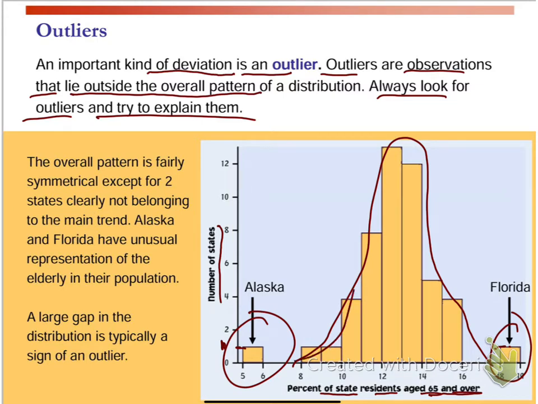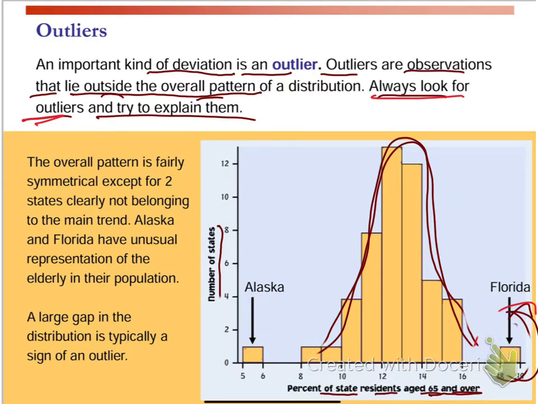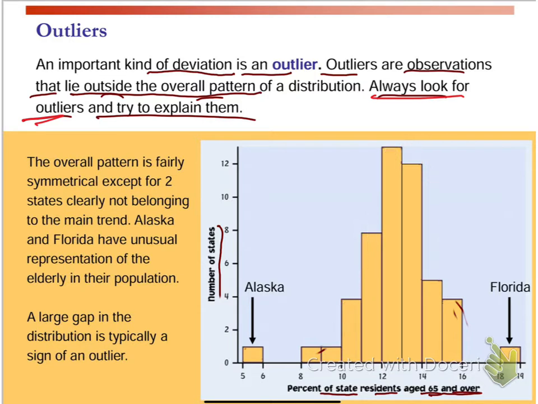This is the main pattern of the distribution, but these two are outside it. They are not matching with the pattern of the distribution. That's why you call them outside the overall pattern of the distribution. Always look for these outliers and explain them.